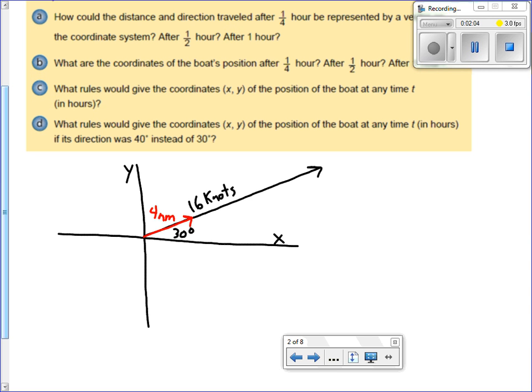If we did this for a 1/2 hour, that would be about half of that vector, and that would be labeled 8 nautical miles. They both would have a 30-degree angle. And lastly, if we did this for the full 1 hour at 16 knots, we would have traveled 16 nautical miles.